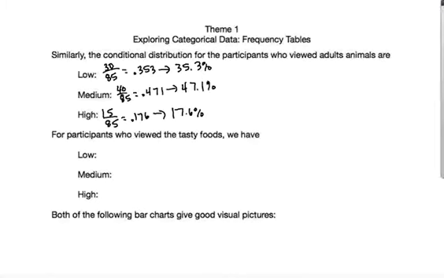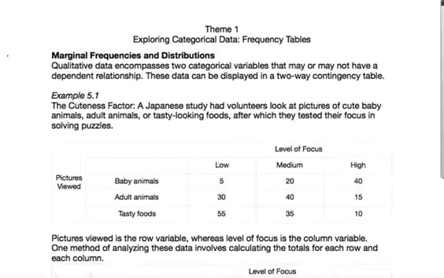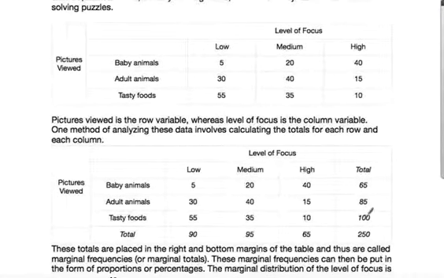You can do the same thing for tasty foods. Our tasty foods is all going to be out of 100 because there were 100 people that were given pictures of tasty food. 55 of that 100 had low levels of focus, 35 had medium level of focus, and 10 had high.